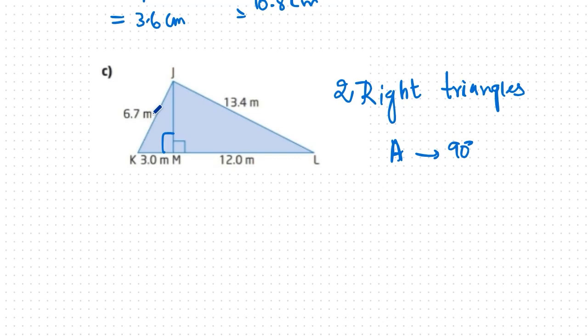This side length is double that, and this is triple that. No, it's 4 times that. This is double. This is 4 times.